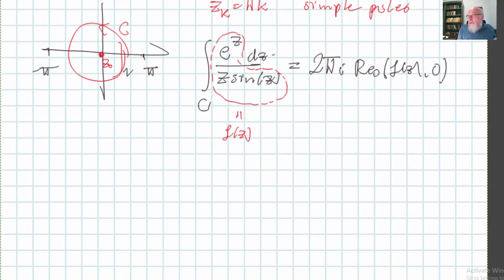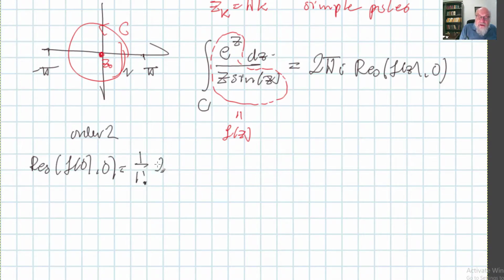So let's compute the residue, but I'm afraid I will not have enough space here. But okay, let's start writing, and then we switch to the next page. So what is this residue? The residue of f at 0 is equal to, and this is order 2, so there is 1 divided by 1 factorial, then the limit as z goes to 0 of one derivative d/dz.